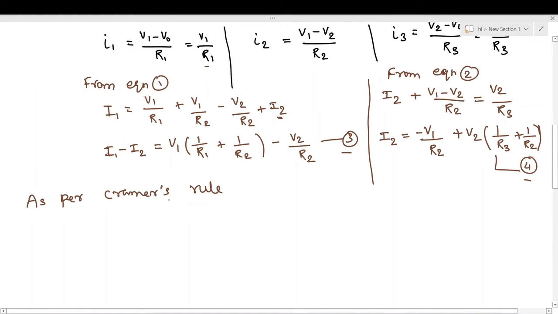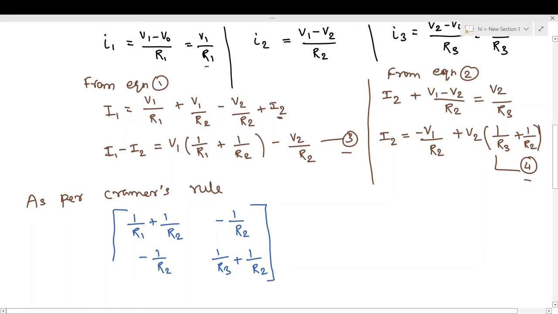Here we can write the V1 term is 1 by R1 plus 1 by R2, minus 1 by R2, and this is from equation number 3, and from equation number 4 V1 term will be minus 1 by R2 and V2 term will be 1 by R3 plus 1 by R2, forming a matrix of 2 by 2.